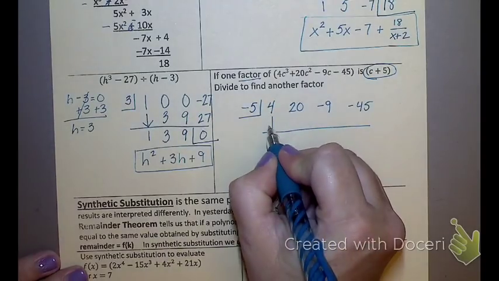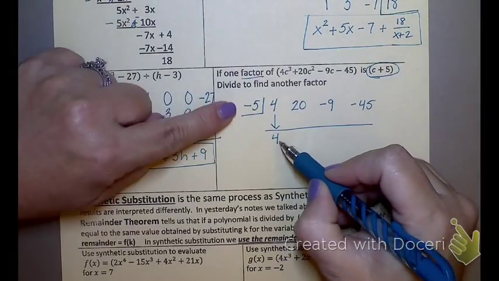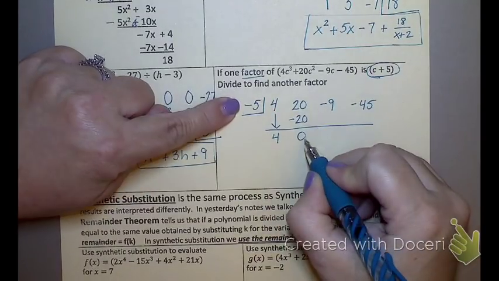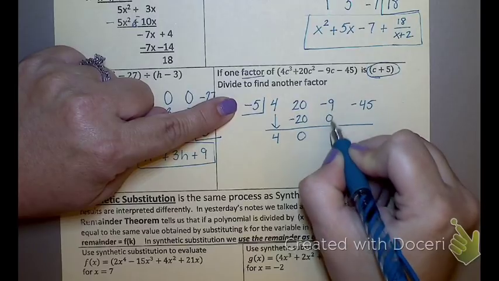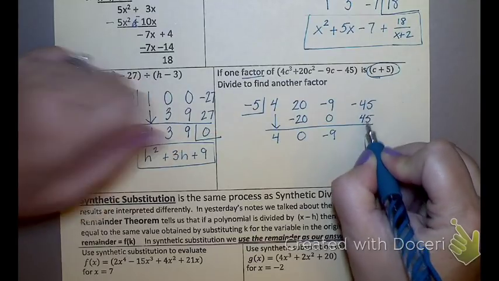Start off by bringing down that first term. So, 4 times -5, -20. 20 plus -20, 0. -5 times 0, -9 plus 0, -9. -5 times -9, 45. -45 plus 45, 0.